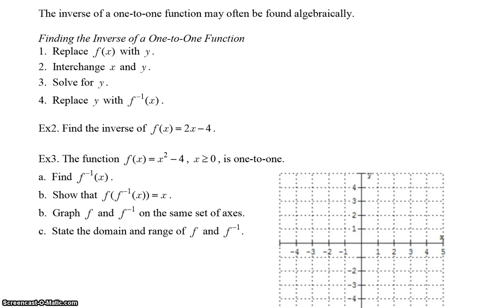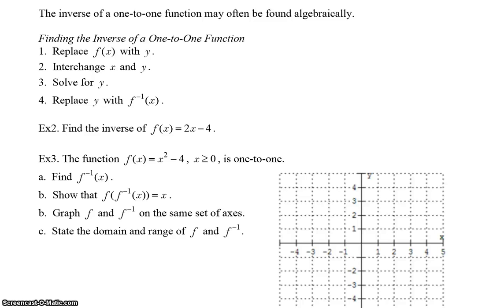So to find the inverse of a one-to-one function, step one would be replace f of x with y, then interchange x and y within the equation, solve the new equation for y, and then introduce the notation f inverse of x, replacing y with that notation.